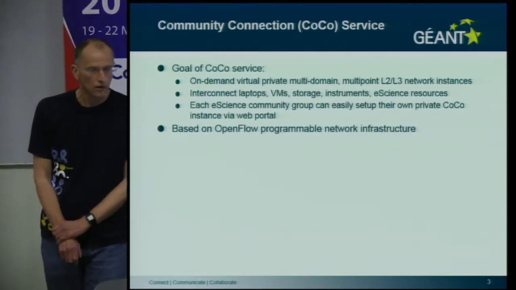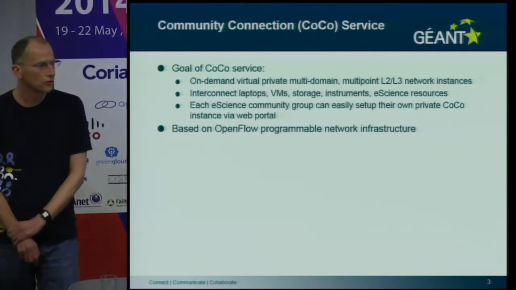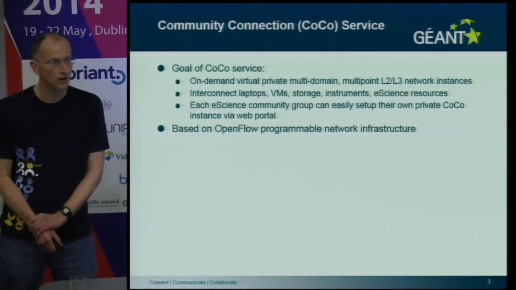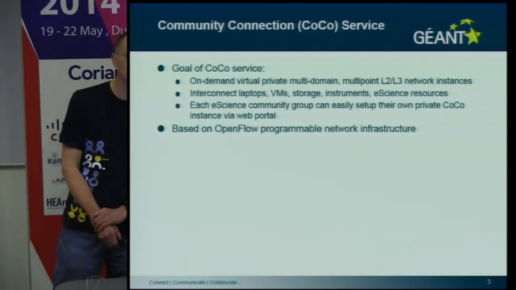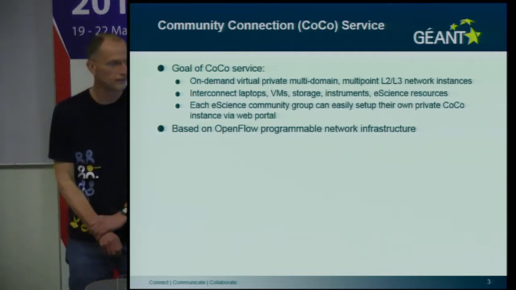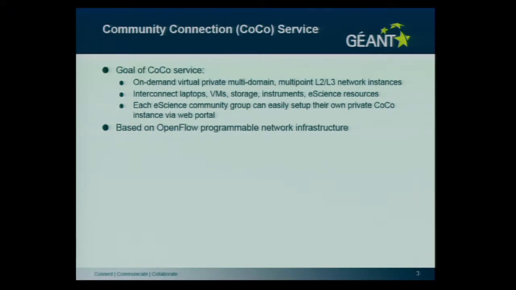So what is the goal of the Community Connection Service, COCO for short? It's an on-demand virtual private multi-domain multi-point layer 2, layer 3 network instances. So what does this mean? On-demand means there is no human interaction involved. It's automated. Virtual, like the previous talk, it's virtual networks.